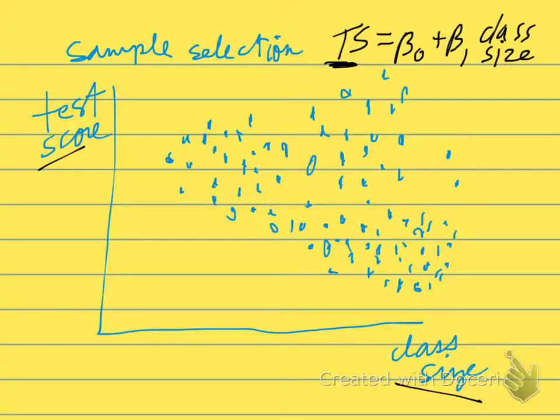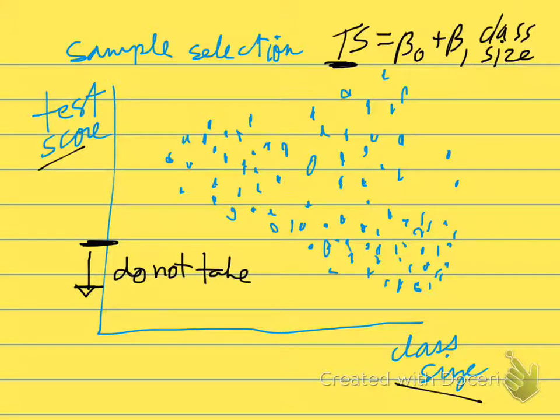So some schools would take the test and other schools wouldn't. And we might easily imagine that the schools that think they're going to get really low test scores are the ones that decide not to take the test. And so we might imagine there's some threshold here, and schools below this threshold do not take the test.